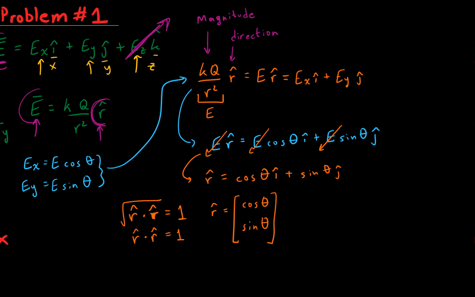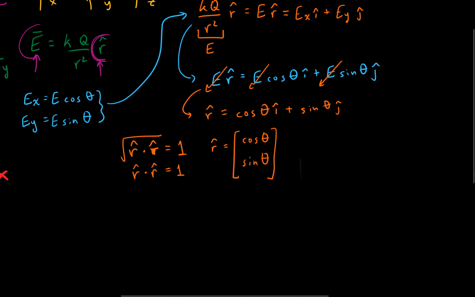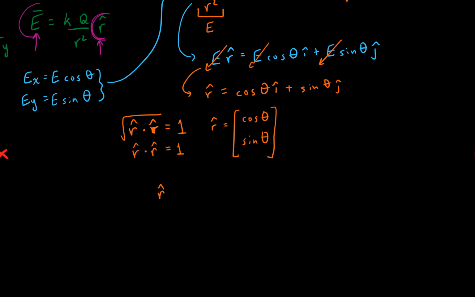The second element under sine theta corresponds to the j hat component or the y component. So let's take this dot product unto itself. So r hat dot r hat is equal to cosine theta, sine theta dotted unto itself.